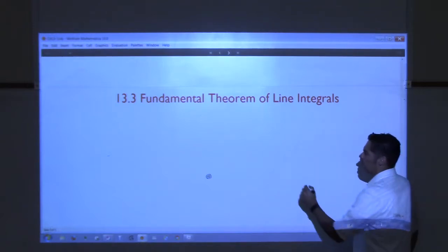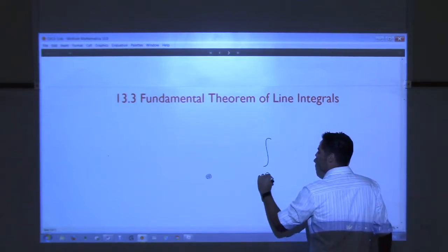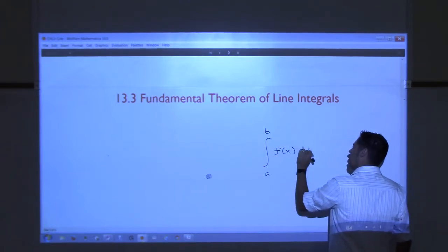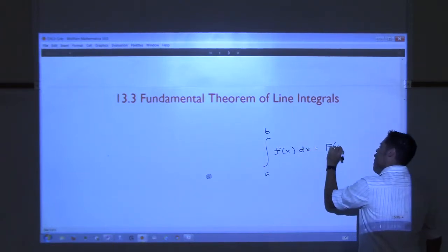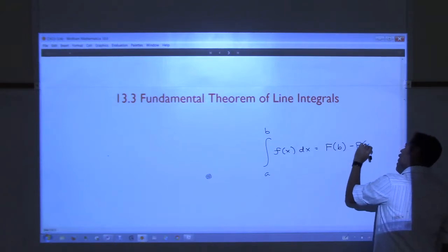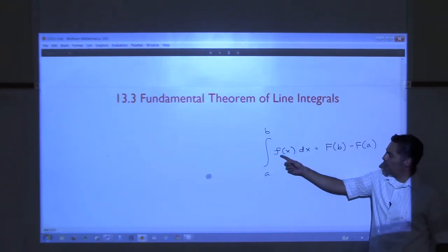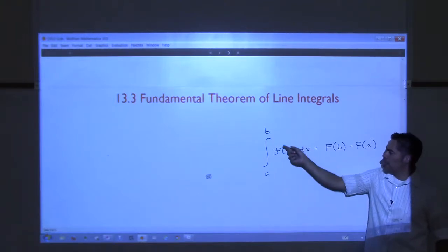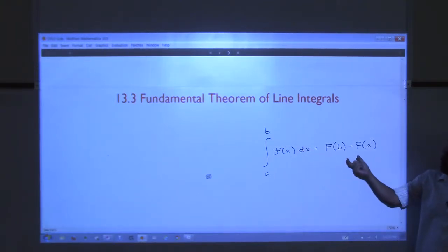There were several versions of it, but this is the one most of us are aware of, which basically says that if you have some function and you're trying to figure out the area underneath its curve between a and b, that is going to be equal to the antiderivative evaluated at one endpoint minus the antiderivative evaluated at the other endpoint.